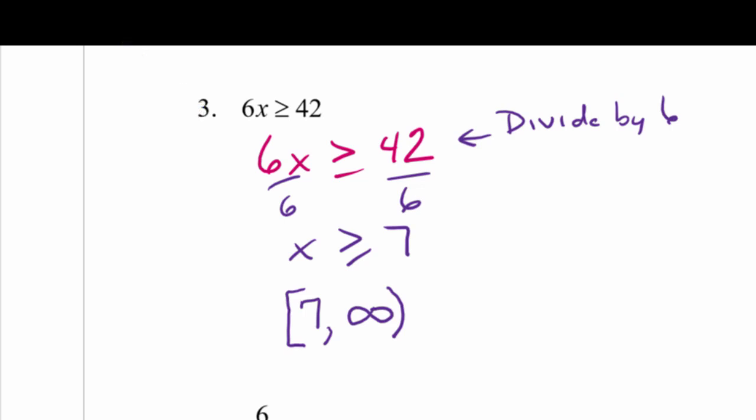Now, if I substituted a number that's not bigger than 7, for example 0, 0 is smaller than 7, then 6 times 0 would be 0 and that would not be greater than or equal to 42. And so that's why 0 is not in our interval of possible solutions. Do you see how to check these inequalities? You pick a number that's in your interval to check it, or a number that's not in the interval and be sure that it does not satisfy the original inequality.